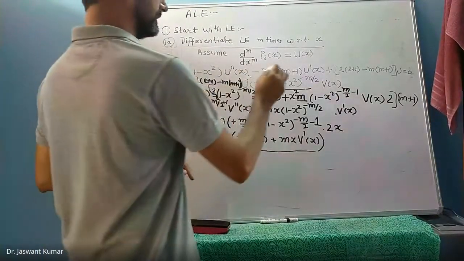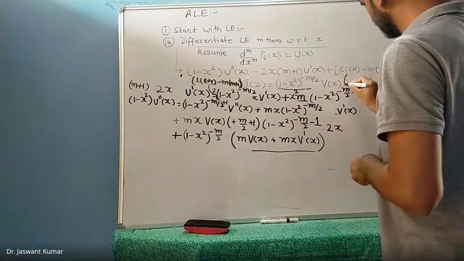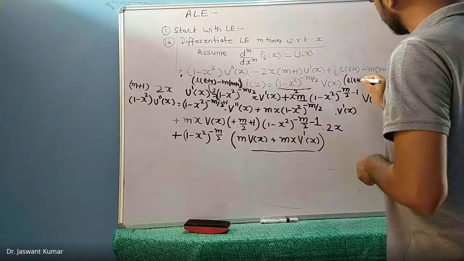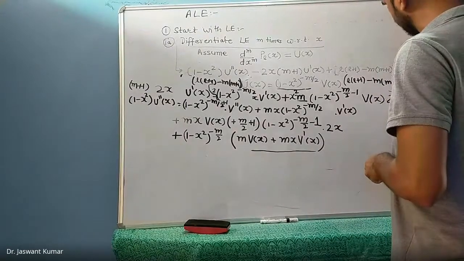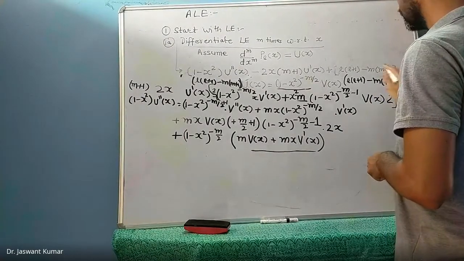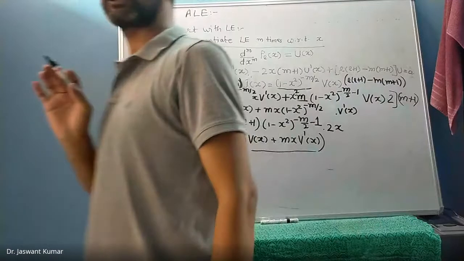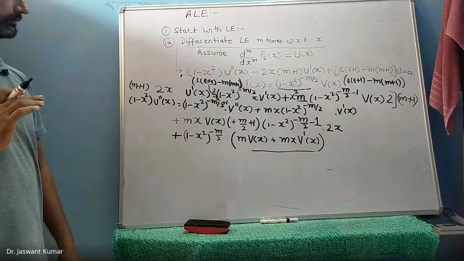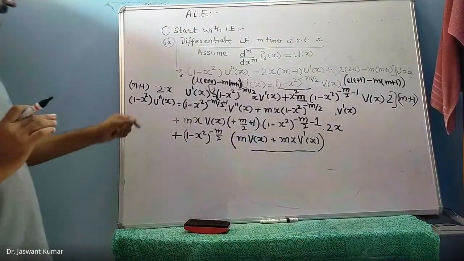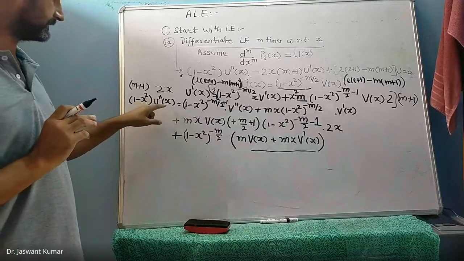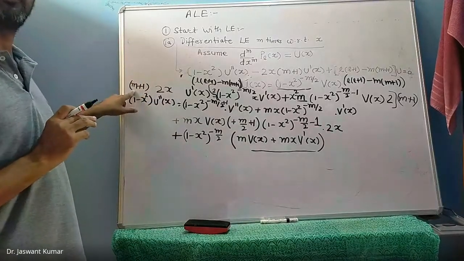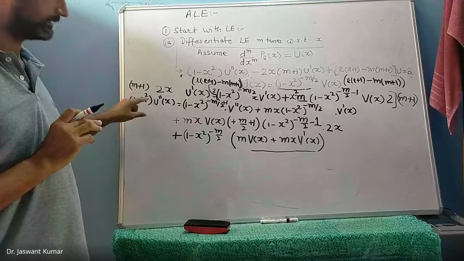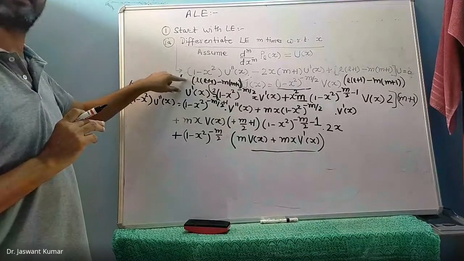So this will be L into L plus 1 minus M into M plus 1 of V of x into 1 minus x square to the power minus m by 2. We add term number 1 and term number 3 and subtract term number 2 from the addition of the first and third term.